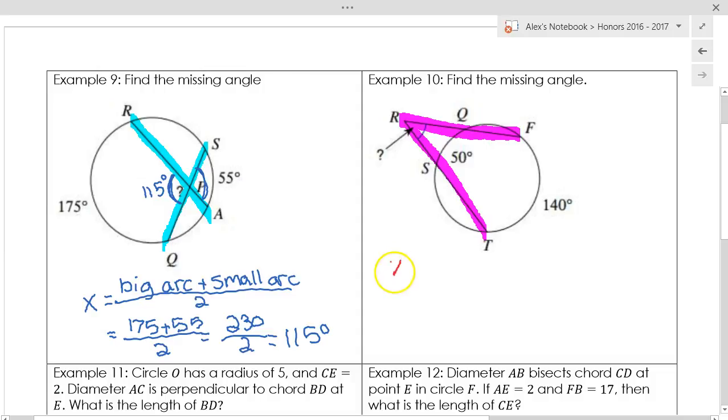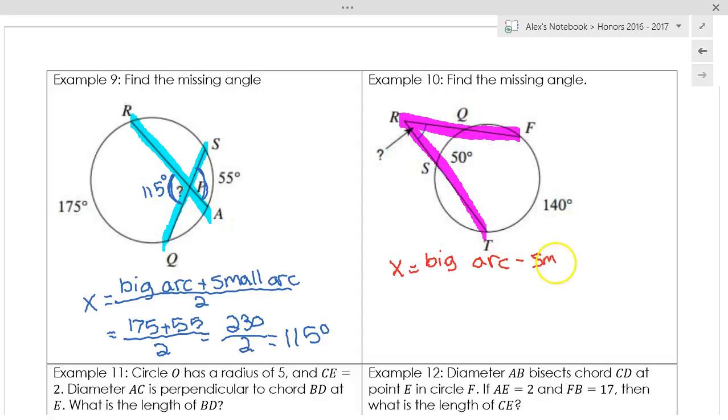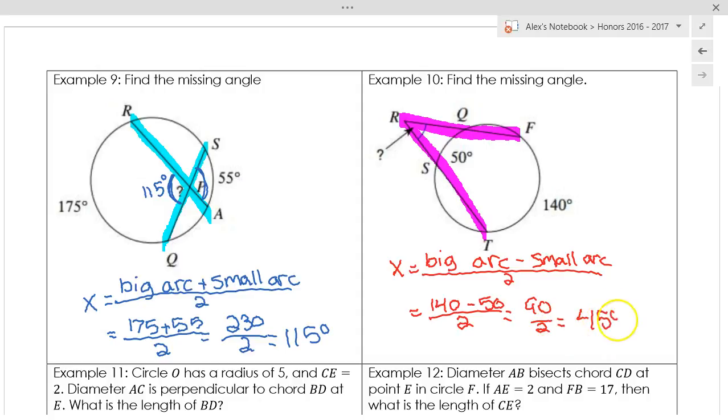For the secant lines, x equals the big arc minus the small arc divided by 2. So that's 140 minus 50 over 2, which is 90 over 2, which equals 45.